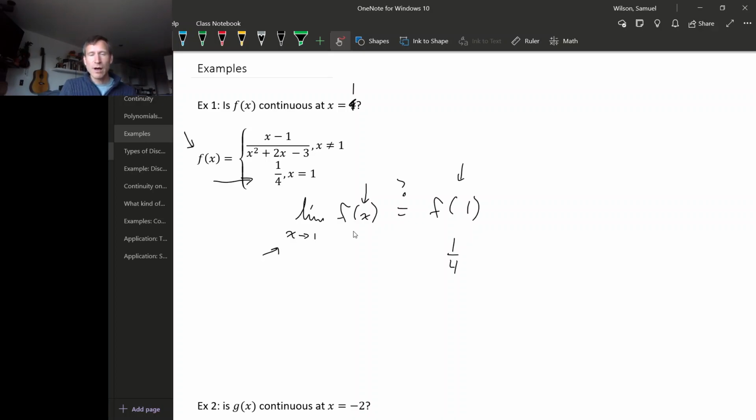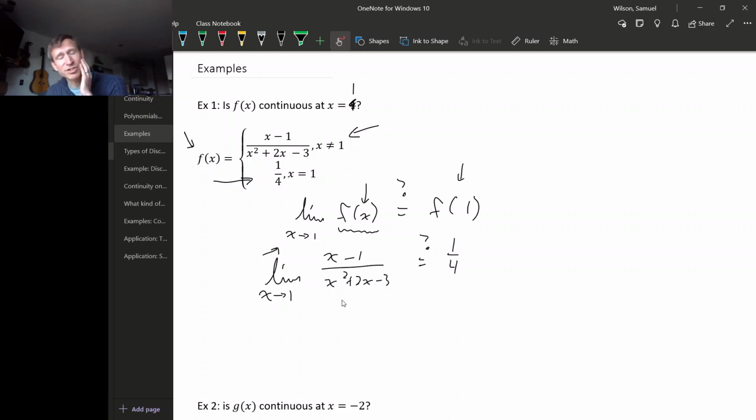So for this appearance of the function f of x, we know that x isn't 1, and so we can use this formula from the multi-part function. So we're taking the limit as x goes to 1 of x minus 1 over x squared plus 2x minus 3. Okay, we want to check if these are equal.